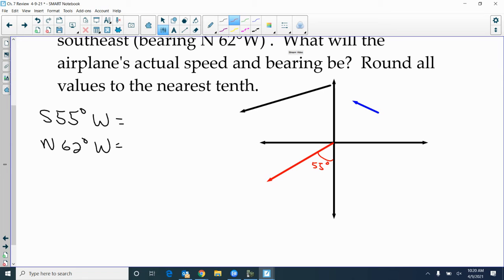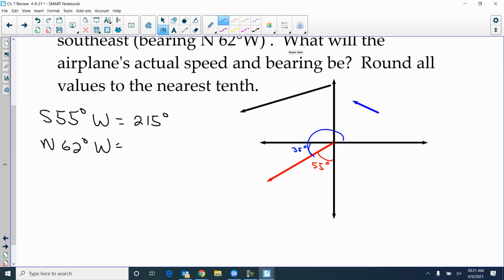Peyton, do you know what the direction is for this one? You have 215, that is correct, because you actually have to take 90 minus 55, or some people do 270 minus 55 in this case. It doesn't matter, but 90 minus 55 is 35. So you do 180 plus 35. You get 215 degrees for your direction.